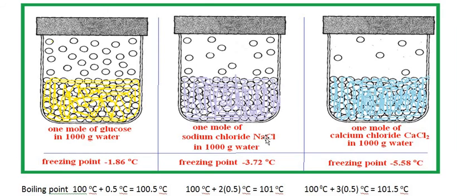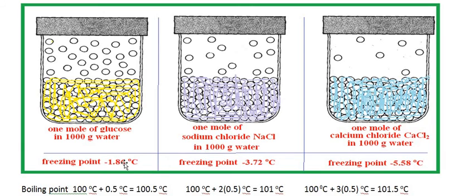So 2 moles. This means that the freezing point of water will not become minus 1.86 but will decrease by 2 times that, because this salt dissociates into 2 moles.